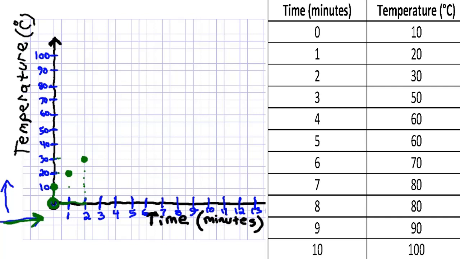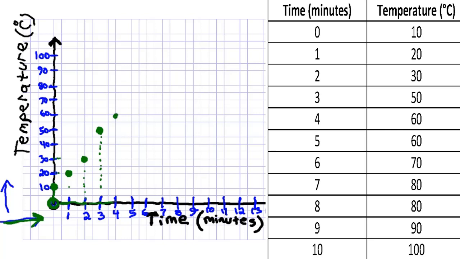So going back to our graph, at 3 minutes on our timeline, we're going to go up to where it says 50 degrees Celsius on our amount line. Now let's go back and look at our next set of values. At 4 minutes, it has 60 degrees Celsius. So going back to our graph, we go up to the 4 minutes on our timeline and up to the 60 degrees Celsius.